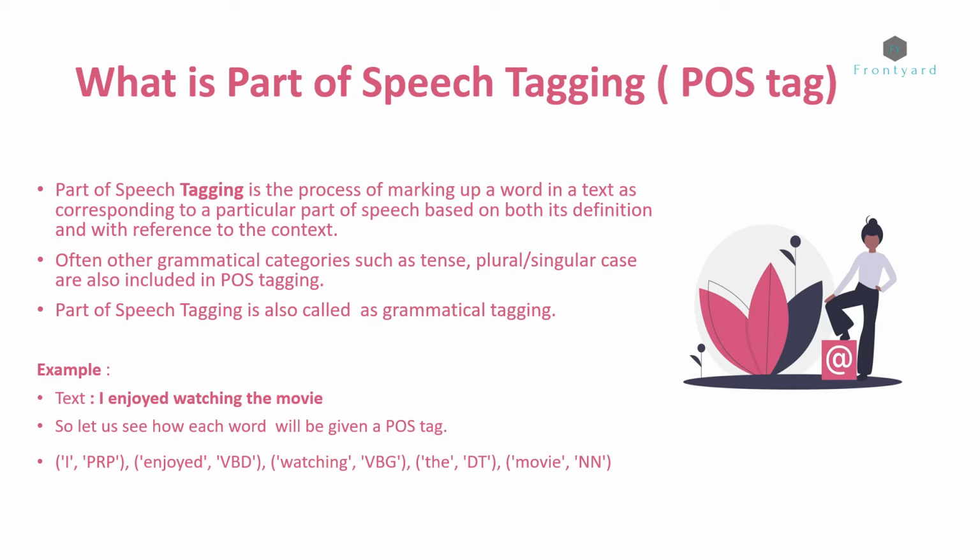The is a determiner and it is given D, and movie is a noun, so it is given N as the first letter. So in NLP we will be able to identify for each word what its part of speech is, like whether it's a noun, pronoun, determiner and so on.